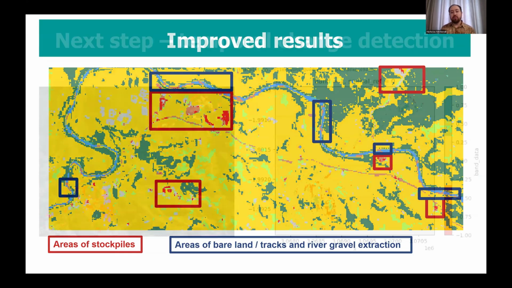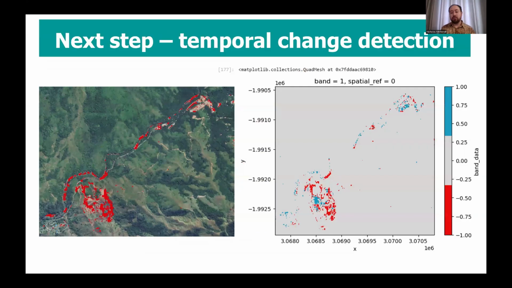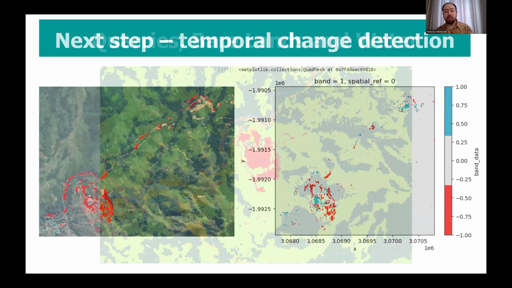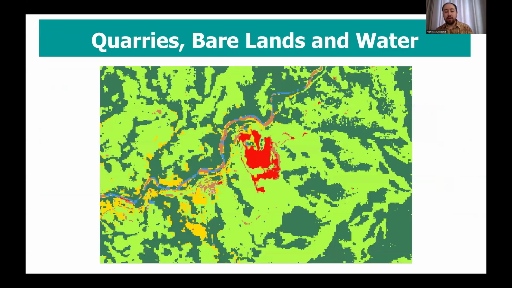And so part of what makes this tool useful in monitoring ongoing impacts of mining is the change detection. So this is more for the temporal analysis. For this example here, we're looking at a gold mine upstream of Sambeto.